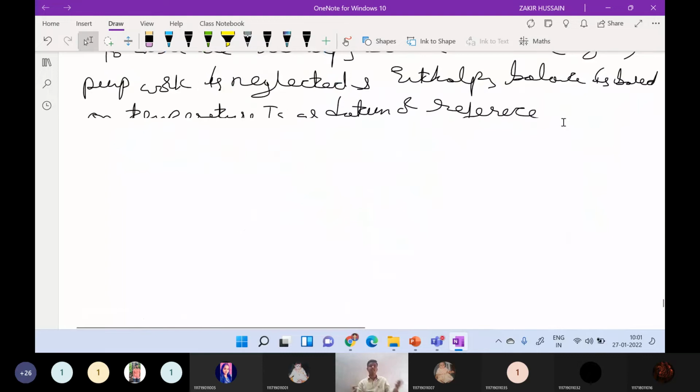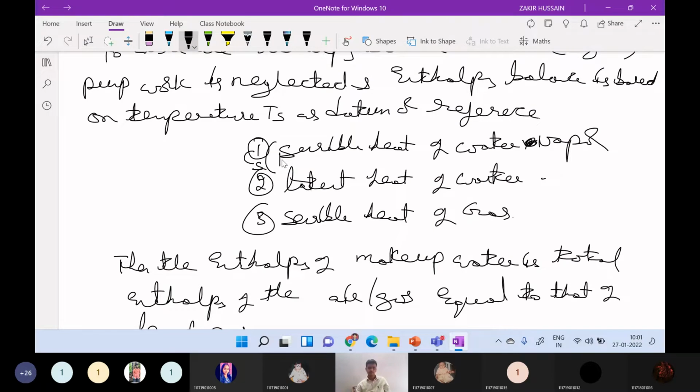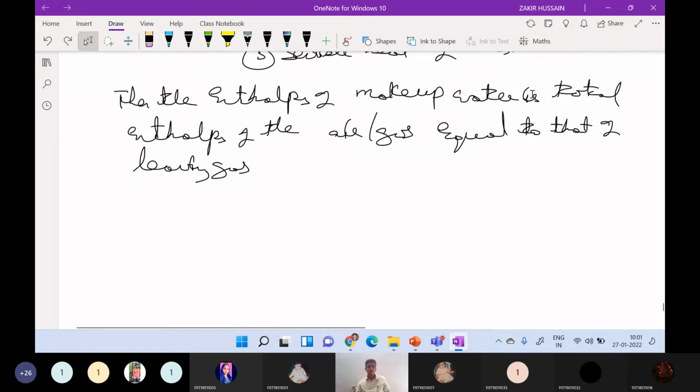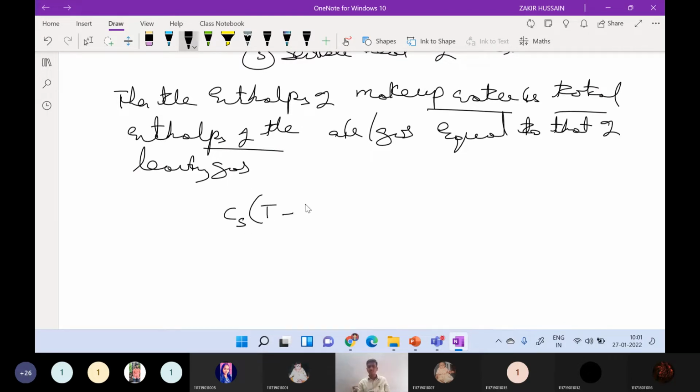So the enthalpy entering the air is Cs, the humid heat, in, sorry, first the makeup water supplied enthalpy. The total enthalpy which is supplied inside is nothing but the humid heat Cs into T minus Ts.